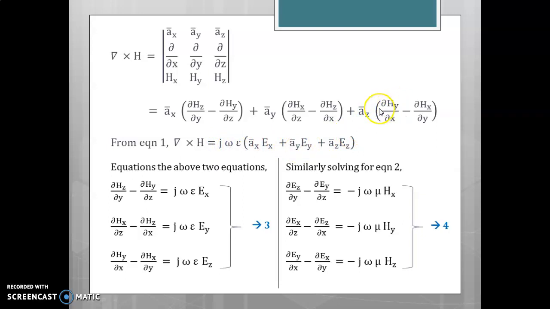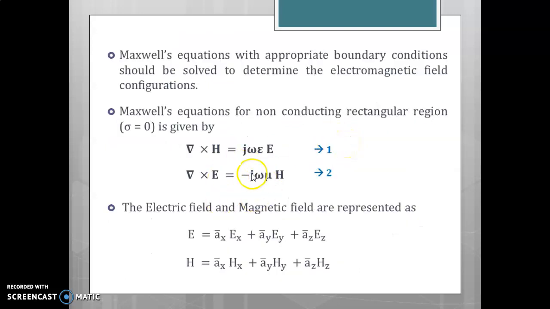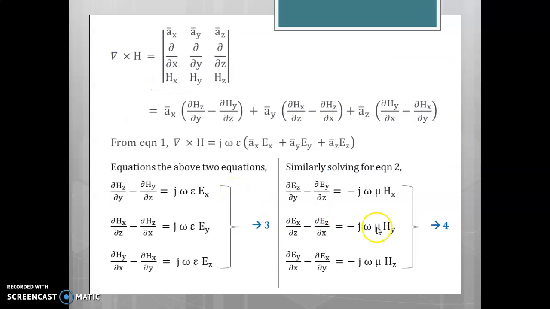Equating the z components, dou Hy by dou x minus dou Hx by dou y is equal to j omega epsilon Ez. And following the same procedure and solving for equation 2, we will end up with equation number 4.